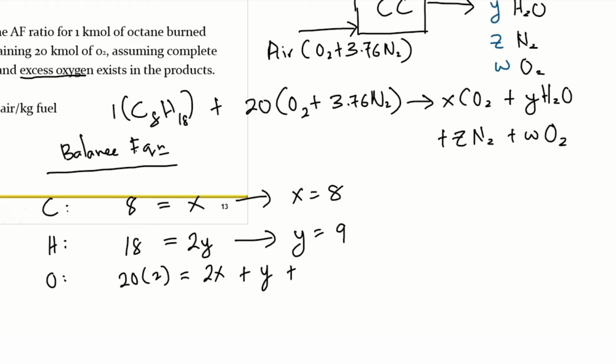Since the value of X is known, 2 multiplied by 8 plus Y is 9 plus 2W. So from there, W is actually equal to 7.5.